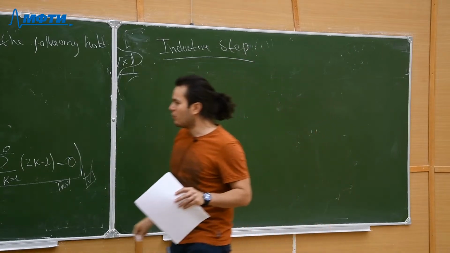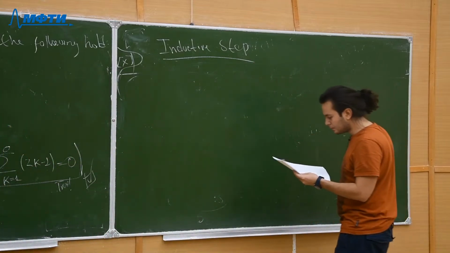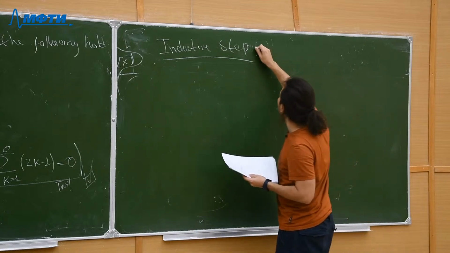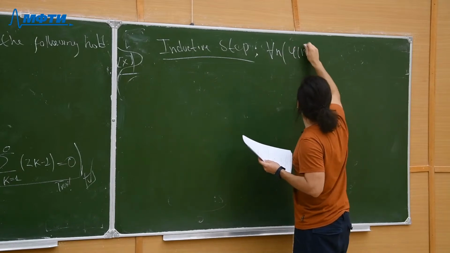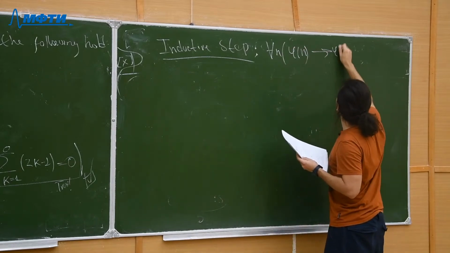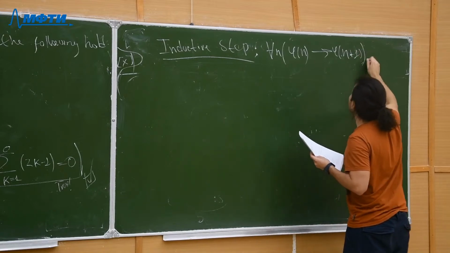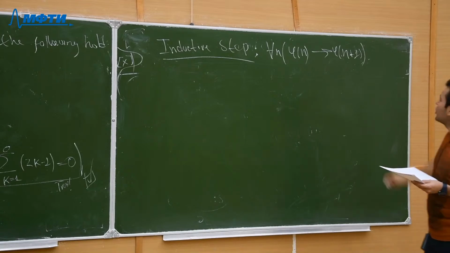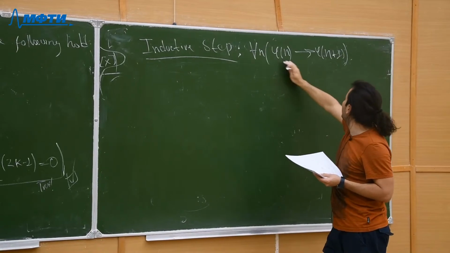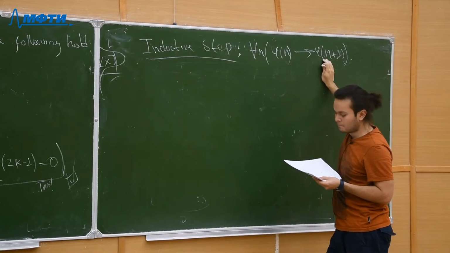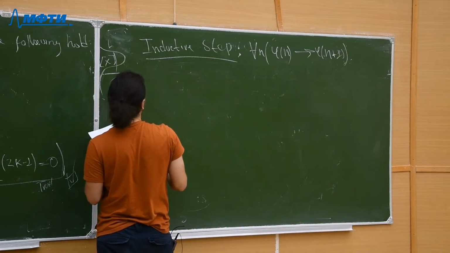We already checked the base step. Now I have to check the inductive step. I have to check that for all n, if phi of n holds, then phi of n plus 1 holds. I'm going to assume that this is true, and then I need to obtain that this is true. Let me write that in a more formal way.